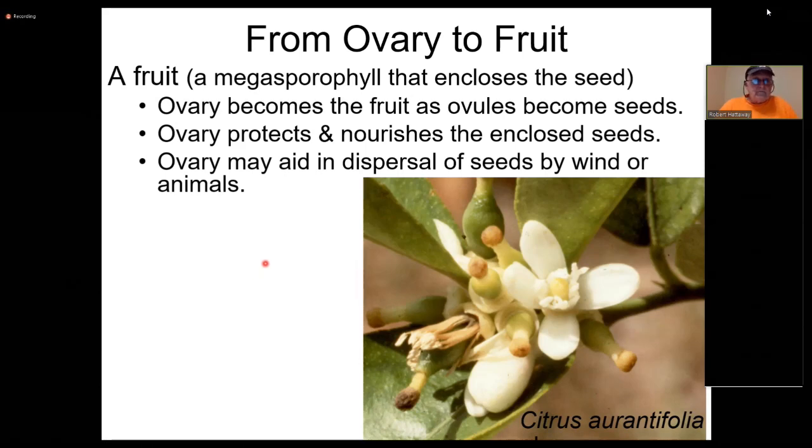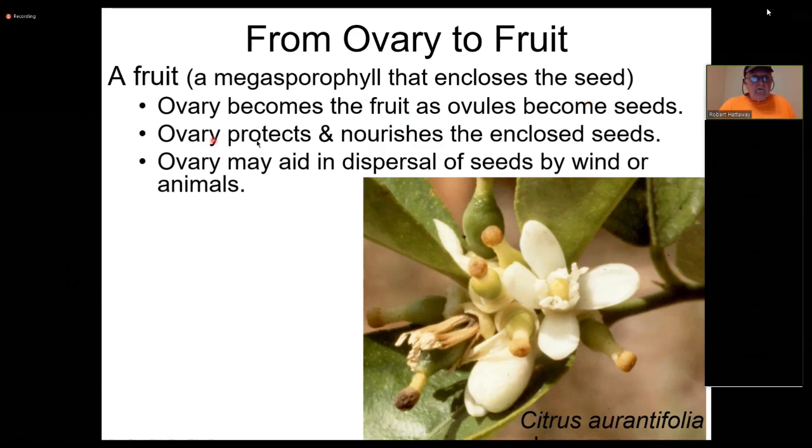This is a lemon flower, and what we're trying to do is still elaborate on the concept of what happens when the egg gets fertilized: the ovule becomes the seed, and the ovary becomes the fruit. That's what this statement means.